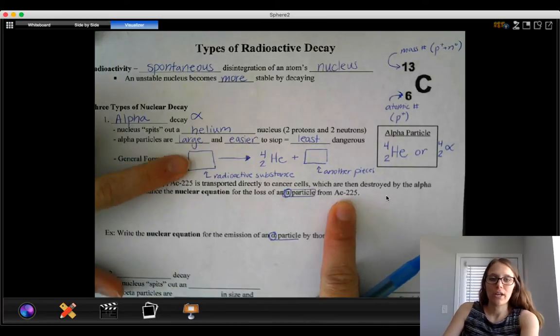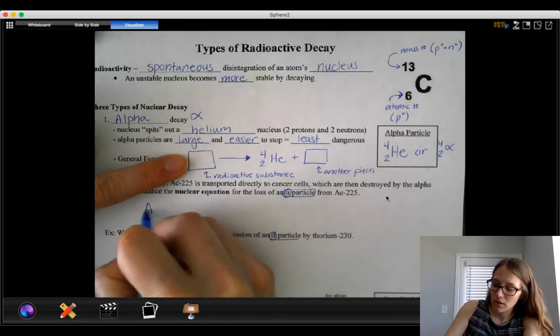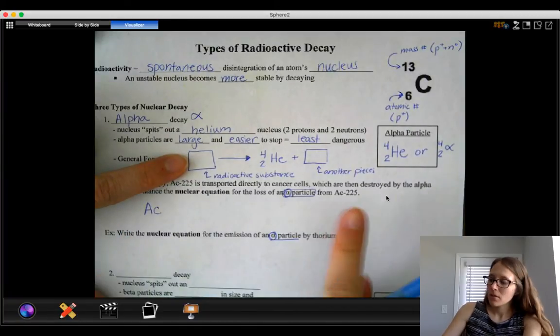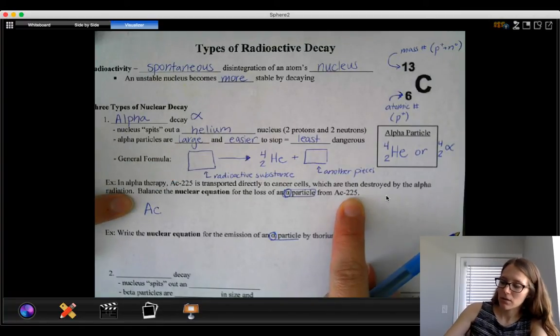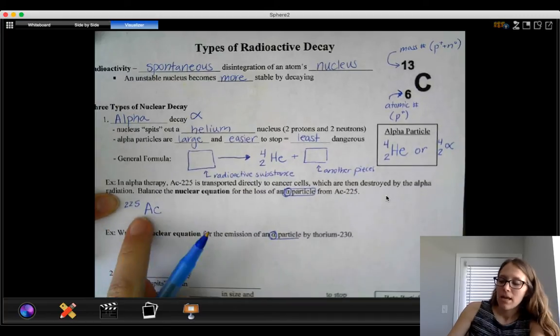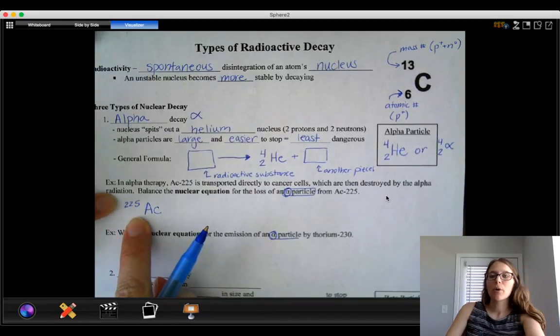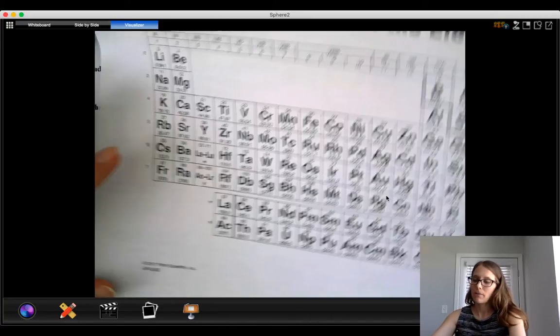Actinium-225 is our starting radioactive substance, so I'm going to start by writing its symbol, Ac. When we have it written with a dash and the number, this is our mass number. Mass number always goes at the top, so 225 goes up top. The bottom number is the number of protons, or the atomic number, which I can look up on the periodic table.